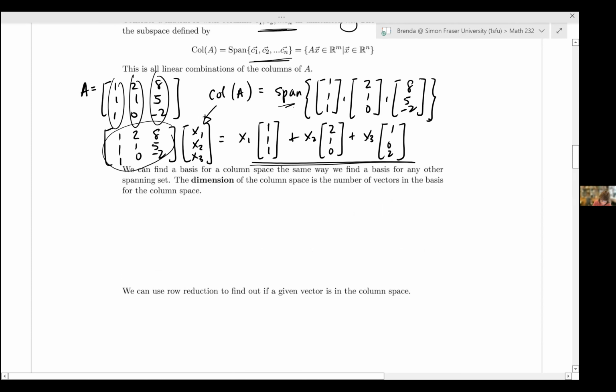The column space is the span of some vectors, so we know that it's a subspace. All we need to do to turn that into a basis is to identify which of the vectors are linearly independent. Okay, so we're going to continue with this example. I want to identify which of the vectors are linearly independent.